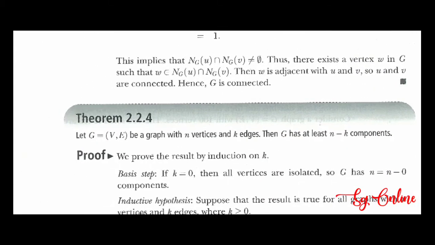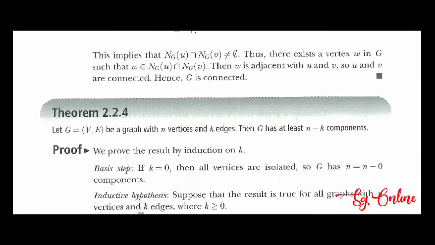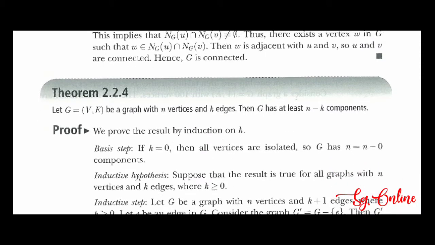So generalizing these results, we can have another theorem about what happens for a graph with n vertices and k edges. If the graph has n vertices and k edges, then G has at least n minus k components. Here you see that if k is n minus 1, then the graph has at least one component.